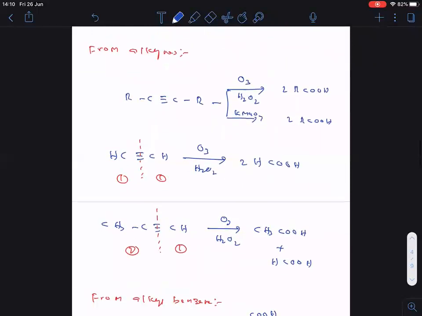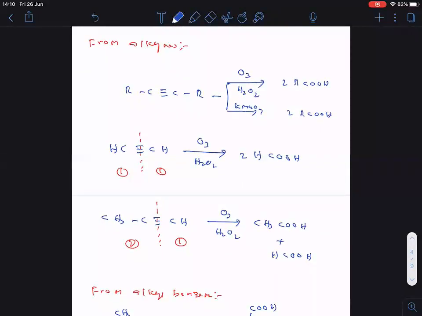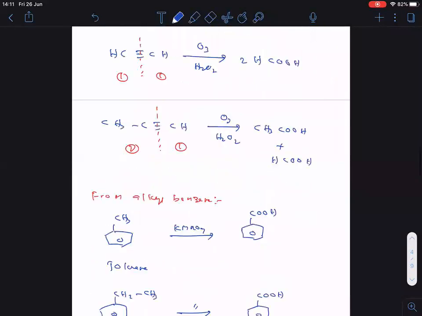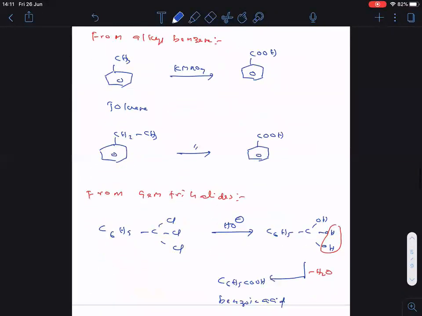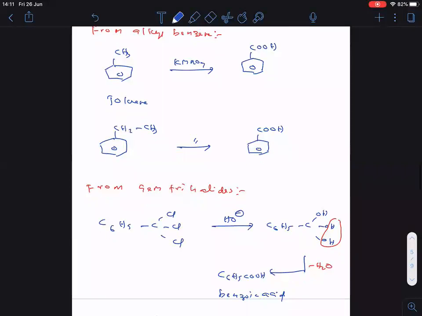Now, second preparation method from alkynes. Third preparation method from alkyl benzene. Next from gem dihalides also you can see here. Clear?